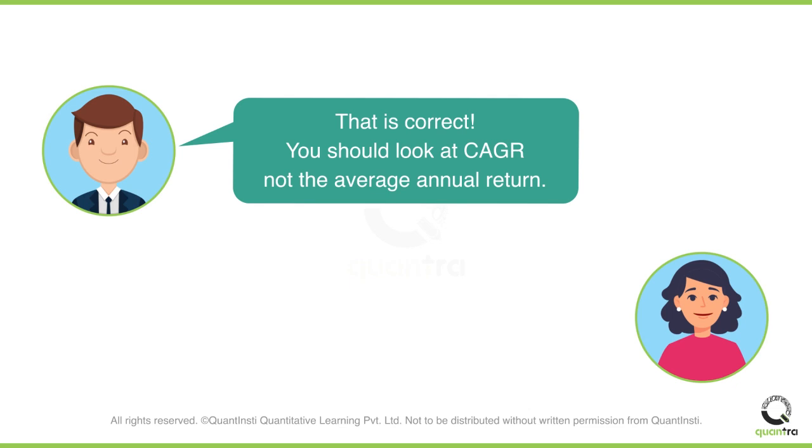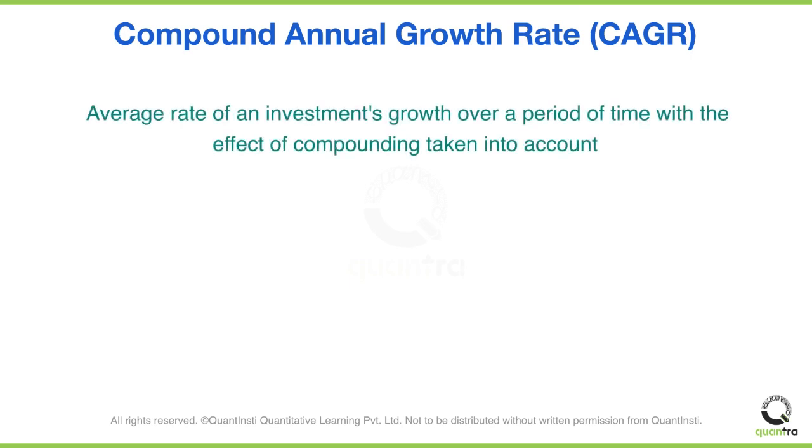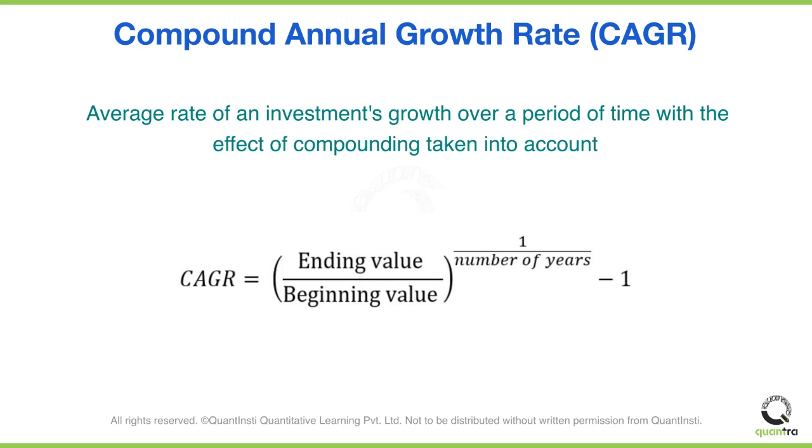As Sophie is unaware of this metric, John further explains that the CAGR, or compound annual growth rate, measures the average rate of an investment's growth over a period of time, with the effect of compounding taken into account. And CAGR can be calculated by using the following formula.